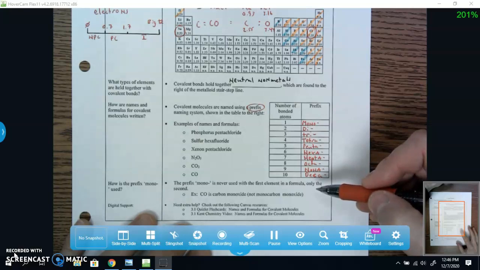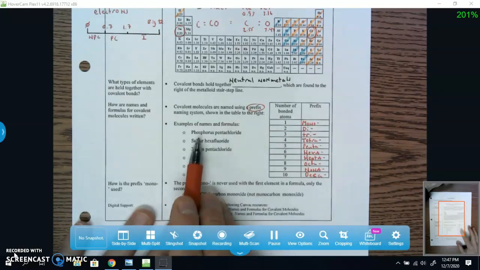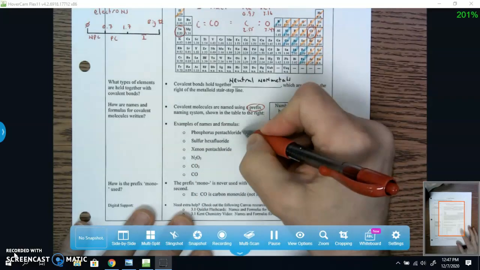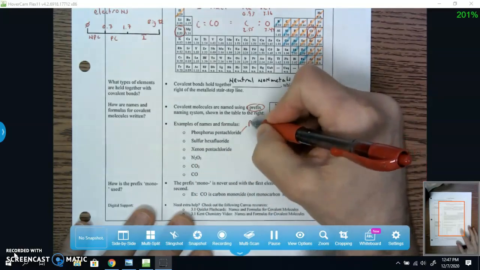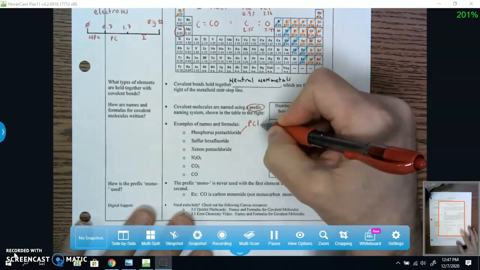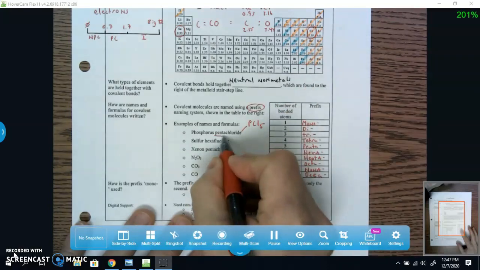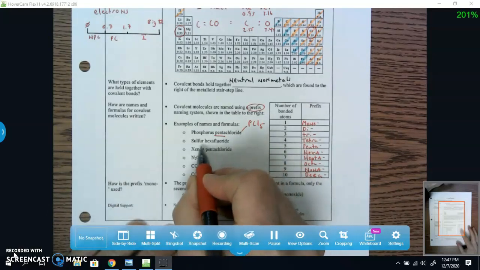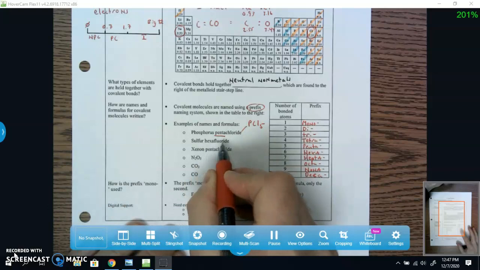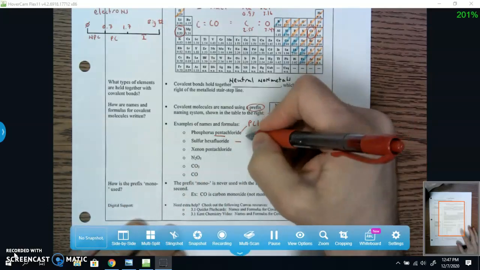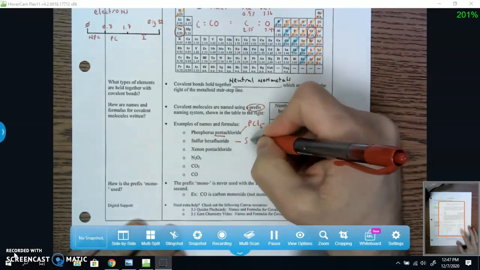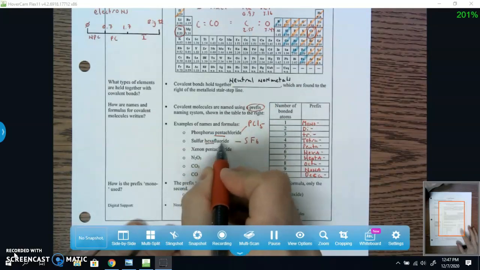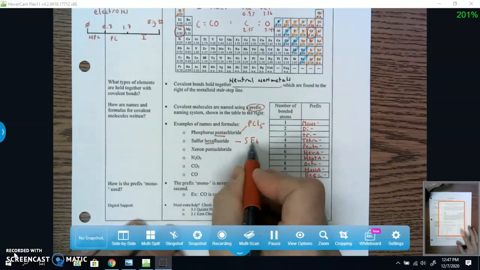All right, so we're going to use a prefix naming system to report the number and type of each element in the covalent molecule. If you take a look right here, the first example is phosphorus pentachloride. The formula for phosphorus pentachloride is PCl5, because penta refers to 5 chlorines. The next is sulfur hexafluoride. This is going to be SF6, because we've got the prefix hexa attached to fluoride, so there are 6 fluorines.